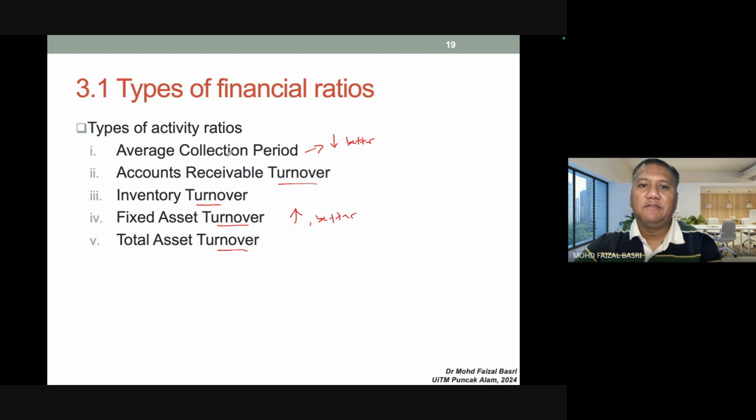But for ACP, average collection period, the lower the better. Because it is called collection, we want to collect as fast as possible. So the lower the ratio, the lower the number of days taken to recover, the better. And for the rest, we want to see how good their turnovers are. Obviously we want the turnover to be faster and higher.